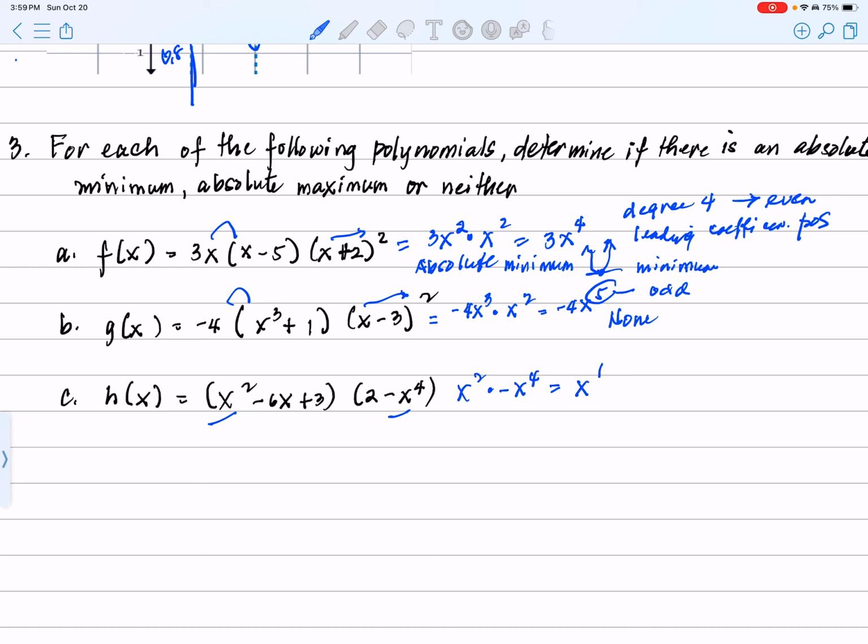We add the exponent and it has a negative. So even degree, negative coefficient, that means both ends are facing down. So that means this is your maxima. Right? So we have an absolute maximum.